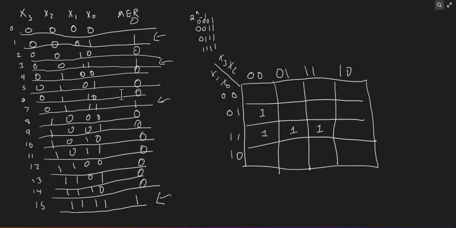So what's going to be the most efficient cover for those? Remember, our groups have to be powers of 2, so you can have a group of 1, 2, 4, 8, or 16. You want the groups to be as big as possible and as few of them as possible.